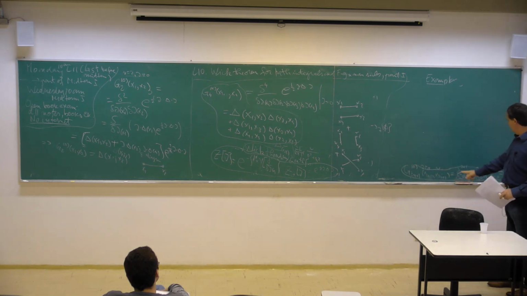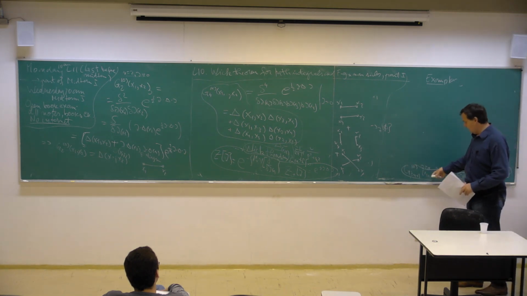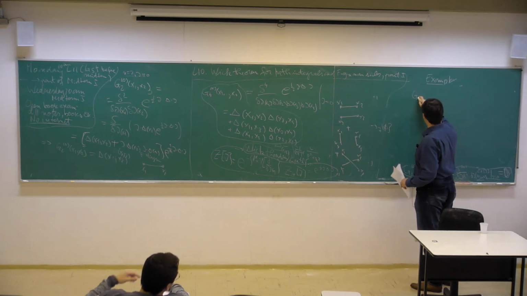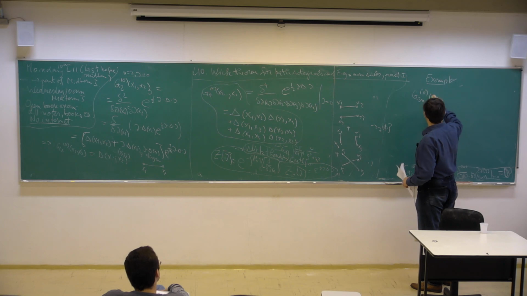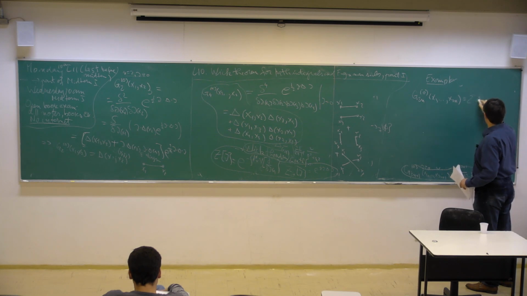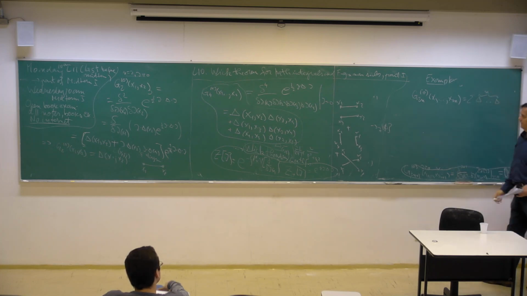On one hand, the odd point functions at order 0 are 0, and for the even point functions I will have n products of deltas, right?